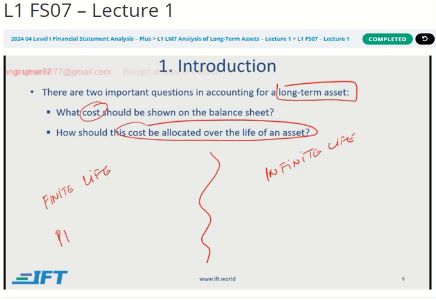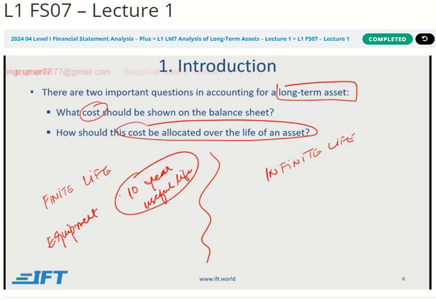So let's say you're getting a property, plant and equipment, a new piece of equipment which has 10 years useful life. This is your assumption. And as management, you are allowed to take this assumption or estimate as far as an accounting estimate is concerned.